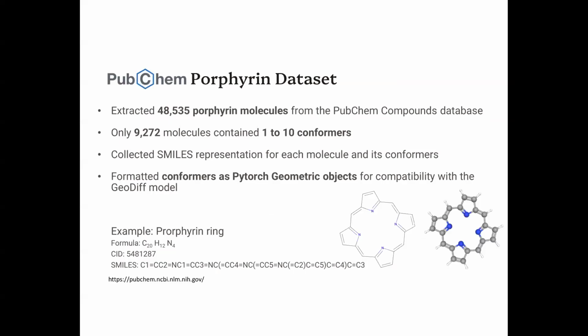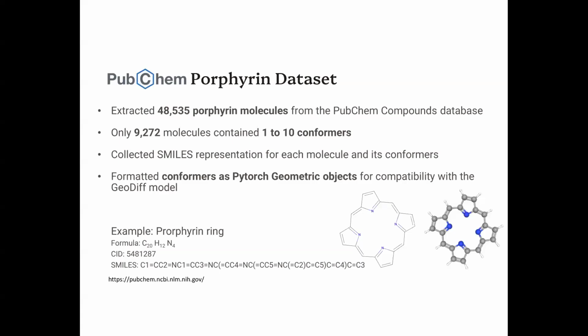Okay, so we started by extracting the porphyrin molecules from the PubChem compounds database. And actually, it was a very good extraction. About 48,000 porphyrins were available, but only about 9,000 of them had conformers, limited to 1 to 10.